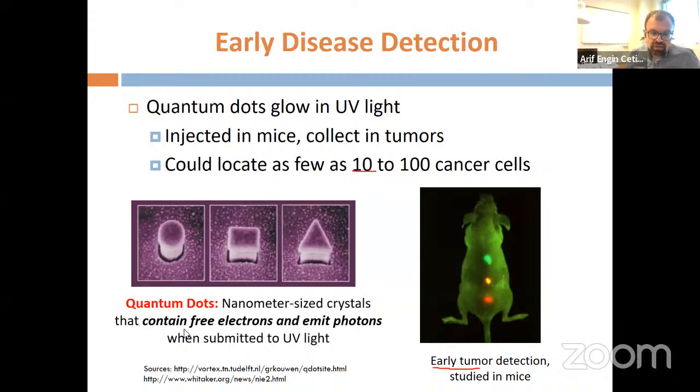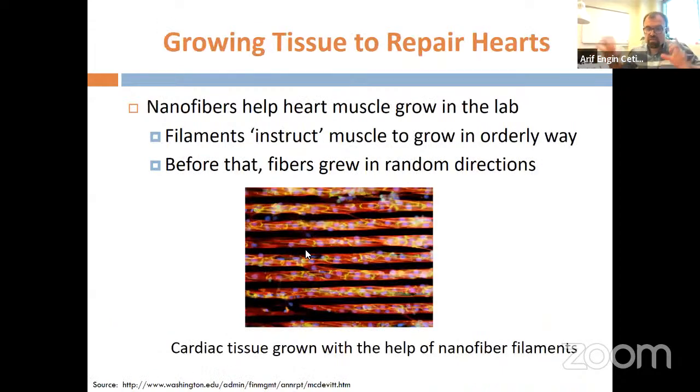These quantum dots contain free electrons and emit photons. So using the photons emitted from the quantum dots, they can precisely locate the tumor on the mice. And as I told you before, the color comes from the shape and size of the nanomaterials.